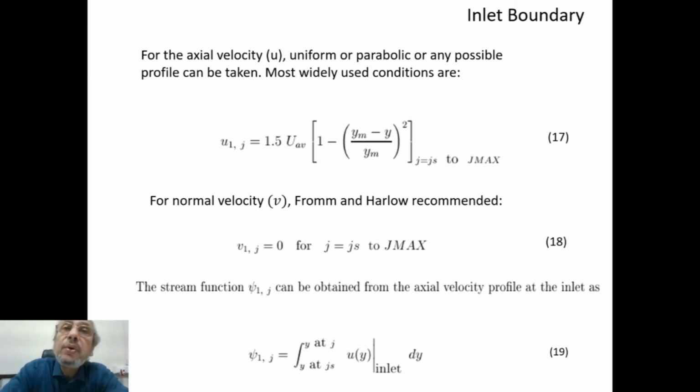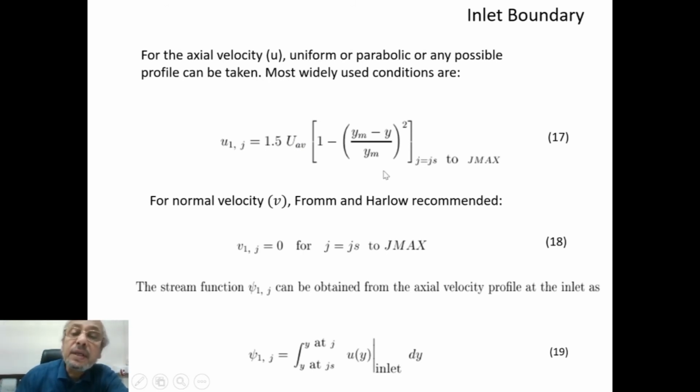And if you know it from elsewhere, like if you are doing a parallel experiment and experimentally obtain the velocity profile, you can map that. So it is up to you, you have to prescribe it. But I have just given a parabolic condition. U equal to u∞ is very easy.